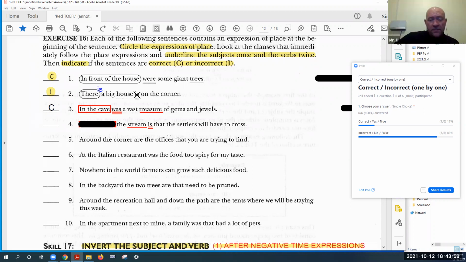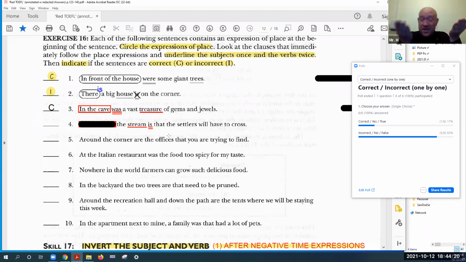The stream is that the settlers will have to cross. This is a noun clause, that the settlers will have to cross. How is this an object? Does the stream equal that the settlers will have to cross? Are they equal?